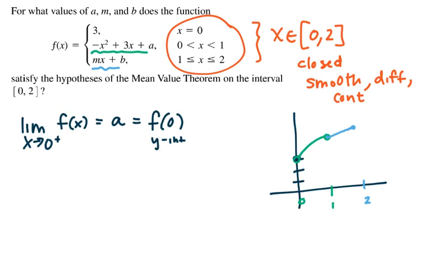And if we look at the limit as x approaches 0 from the left of f of x, that would equal 3, because from the left, we would just be going towards that ordered pair, 0, 3. So what we can determine here is that that a value must equal 3.